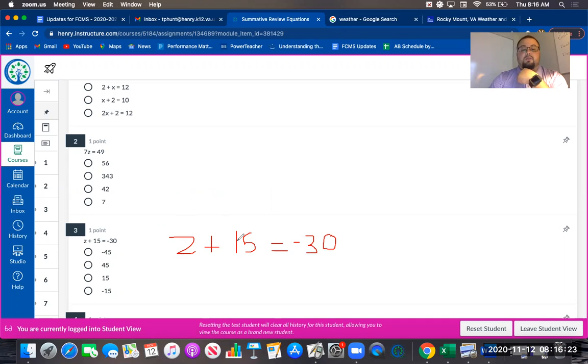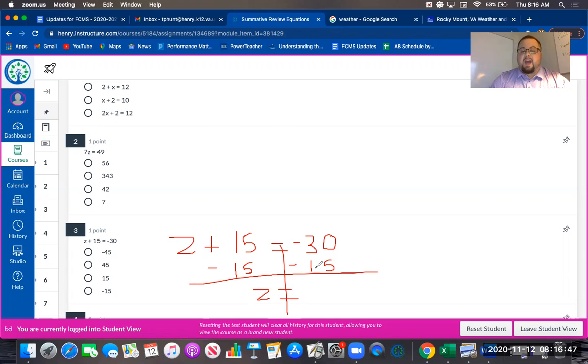So the opposite or the inverse of adding 15 will obviously be to subtract 15 from both sides. Remember to draw your line, and then we are going to subtract 15. Bring down my variable. So Z is going to equal negative 30 minus 15.